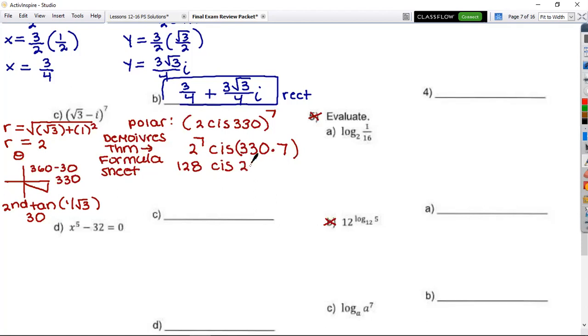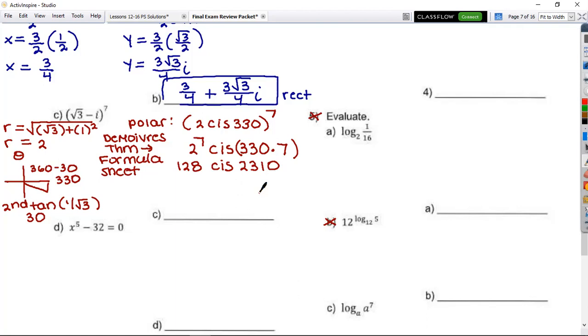2,310. All right. What you're allowed to do is now find a coterminal angle with this that is in the range from 0 to 360 instead. So you're going to take 2,310 and start subtracting 360 until you knock this down to something between 0 and 360.